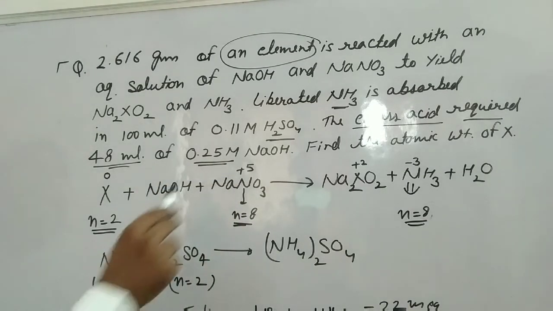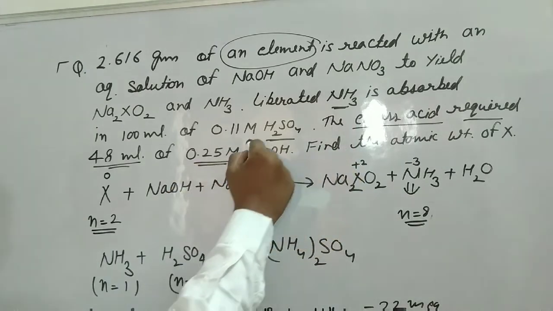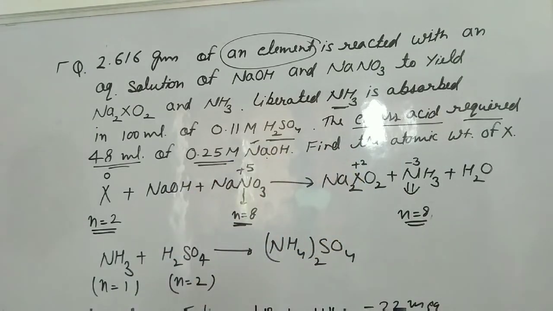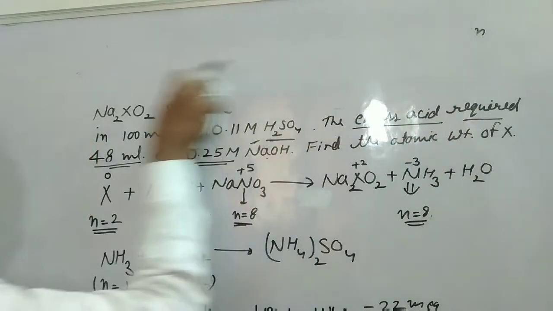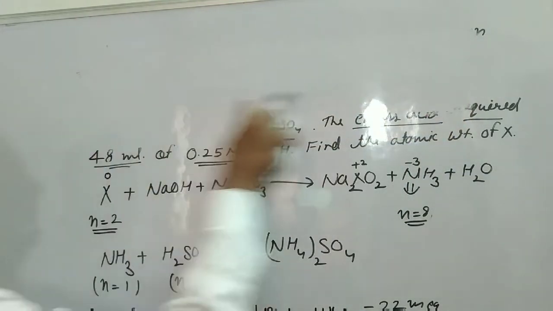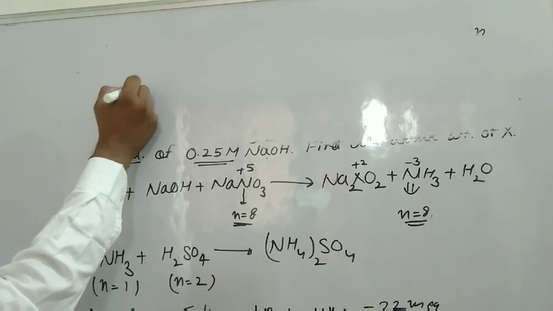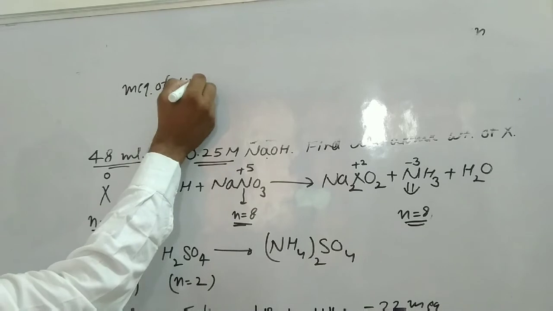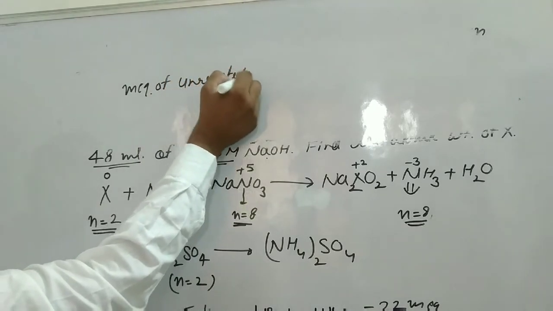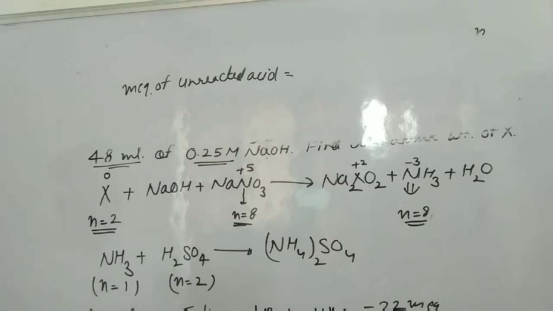So we can say the milliequivalent of unreacted acid is equal to the milliequivalent of NaOH.